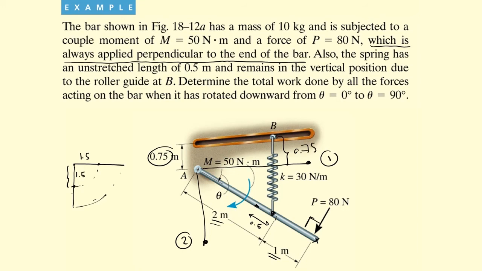At position 2, the spring is here. Remember, it is located a distance of 0.5 from the center of mass. So the length here is 2. Sorry, this is 2. So the distance to point B, in this case, is going to be 0.75 added to the 2, so it's going to be 2.75.